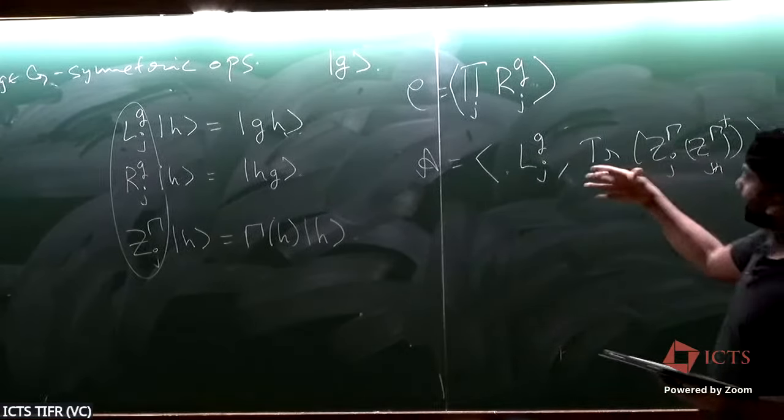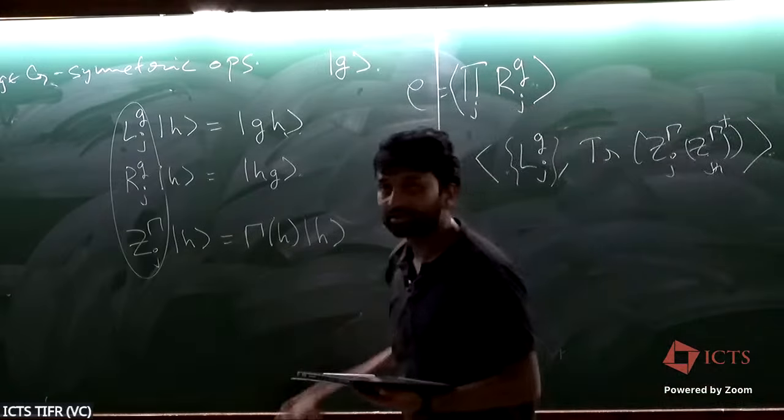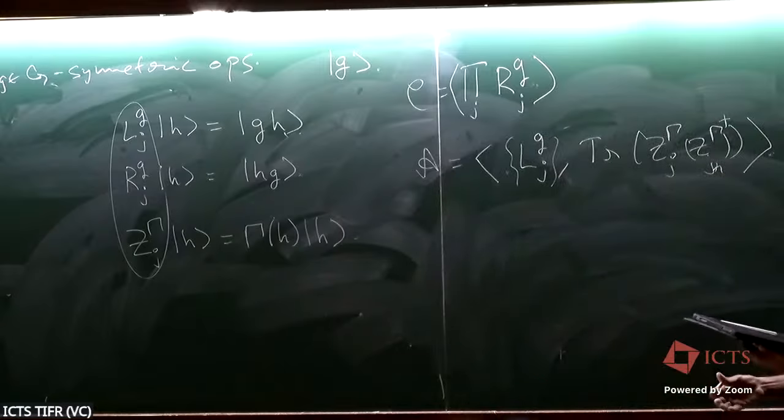So there is a set of local operators which I can write down such that if I solve for the commutant, I get basically the algebra of G symmetric operators.